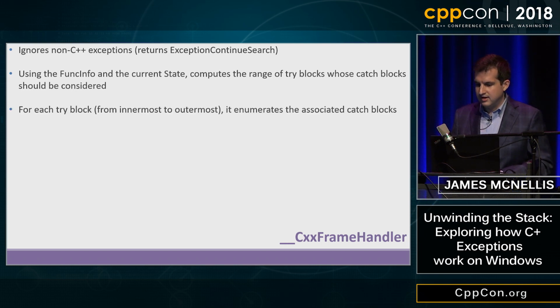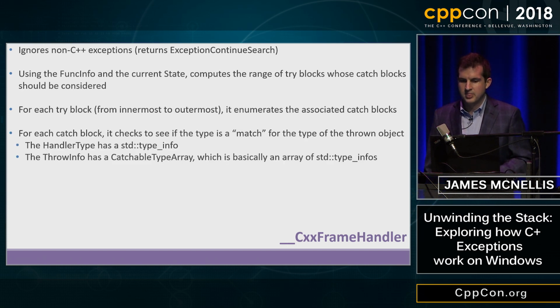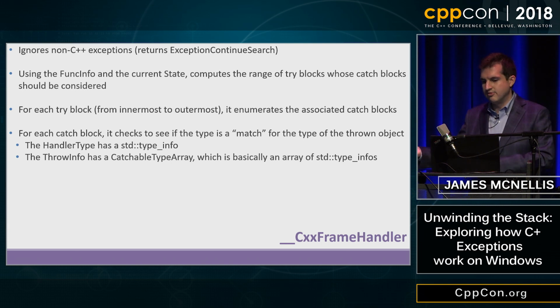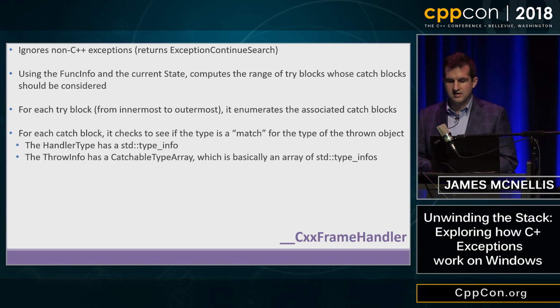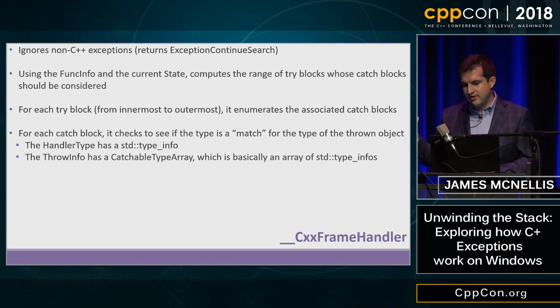Third, for each try block from the innermost to the outermost, it enumerates the associated catch blocks. And then for each catch block, it checks to see if the type is a match for the type of the thrown object. So each handler has a std type info describing the type of object it can catch, and the throw info has an array of catchable types, each of which contains a type info describing a type by which the exception can be caught. So basically, we just have to compare all of those and then pick whichever catch block we find that matches first.